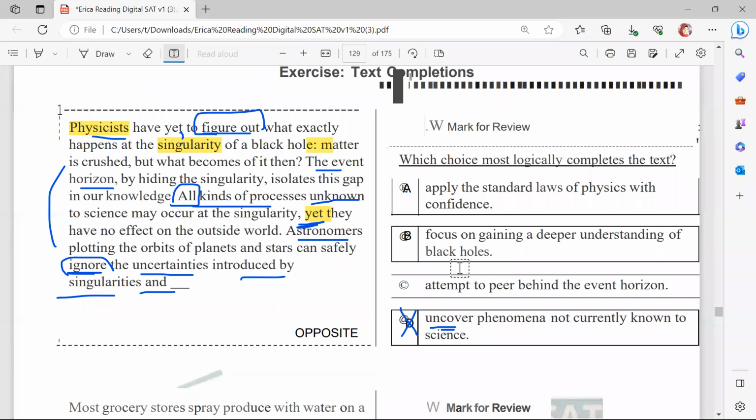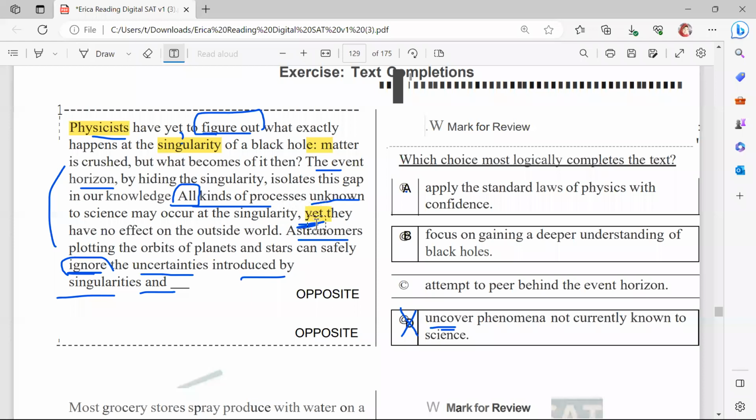Yes, exactly. This is also the opposite of what I want. Is it clear? Got it? Because the event horizon was mentioned among the uncertainties. I didn't know it belongs to the negative thing, to whatever is unknown.